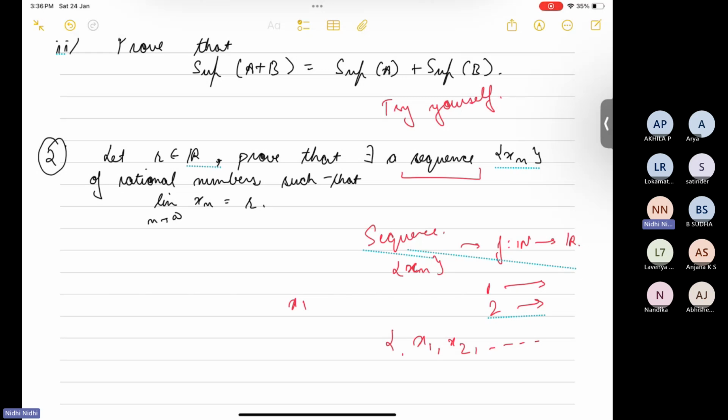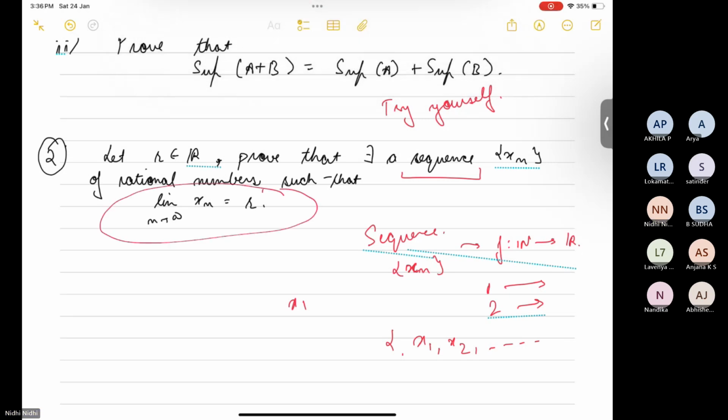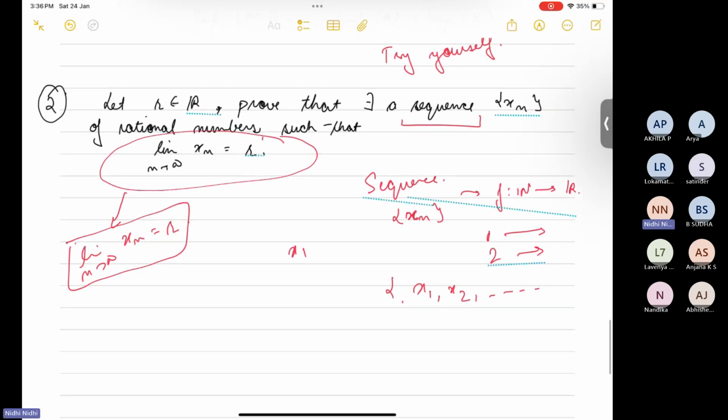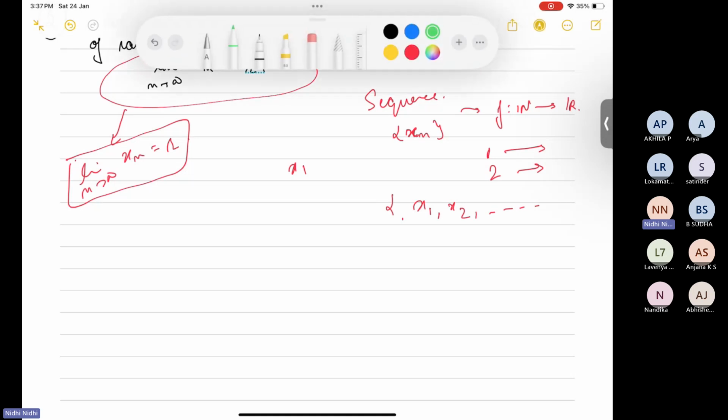Okay. Next important thing here is the convergence. How do we say that limit n tending to infinity xn is r? Okay. So I'll start with the basic epsilon delta definition, and then try to make you understand how things can be seen.